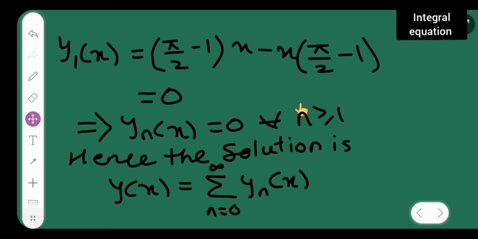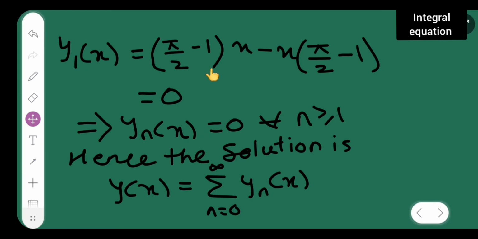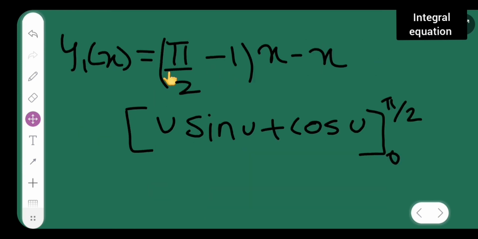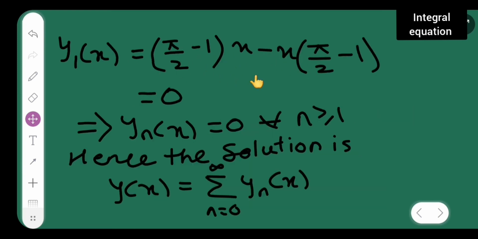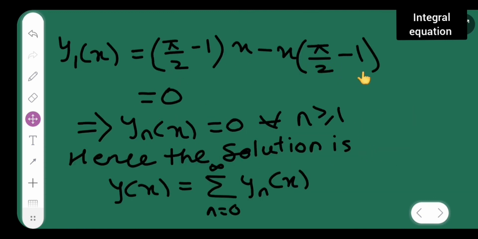What I got is y1 of x equal to pi by 2 minus 1, into x minus x, and this is nothing but equal to 0.